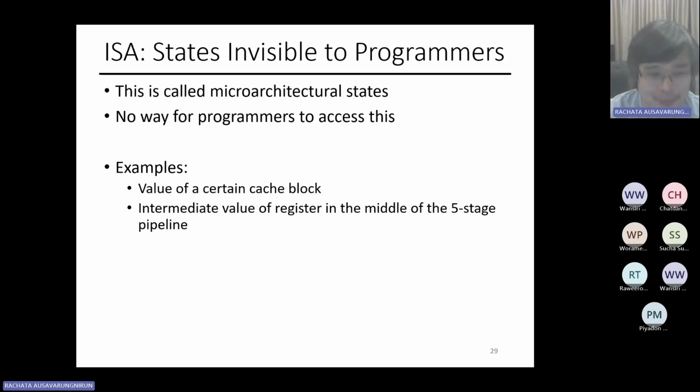When you run one single instruction, the value of the register that the programmer can access should be either before you start executing or after you finish execution. So it's either before or after the instruction is done. While the action is happening, you should not see what's going on there.